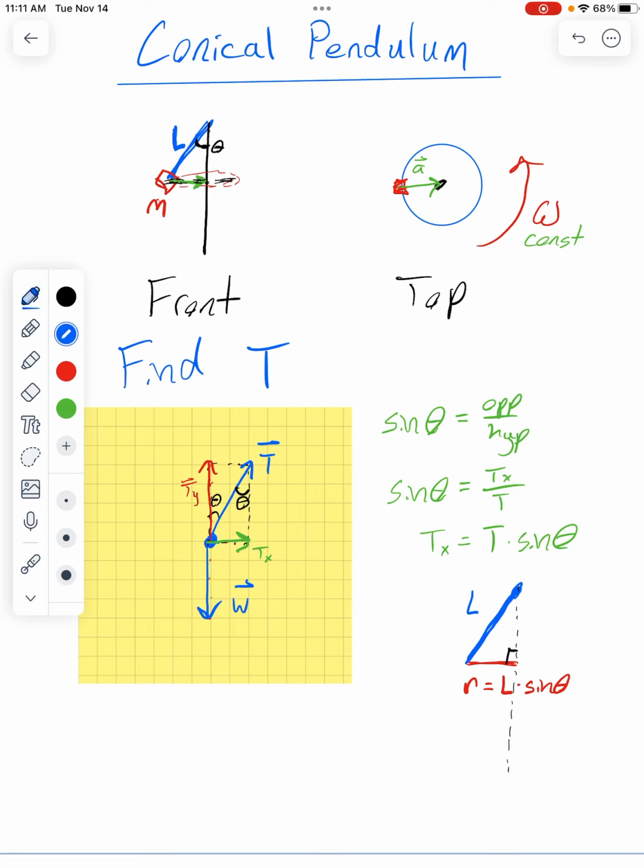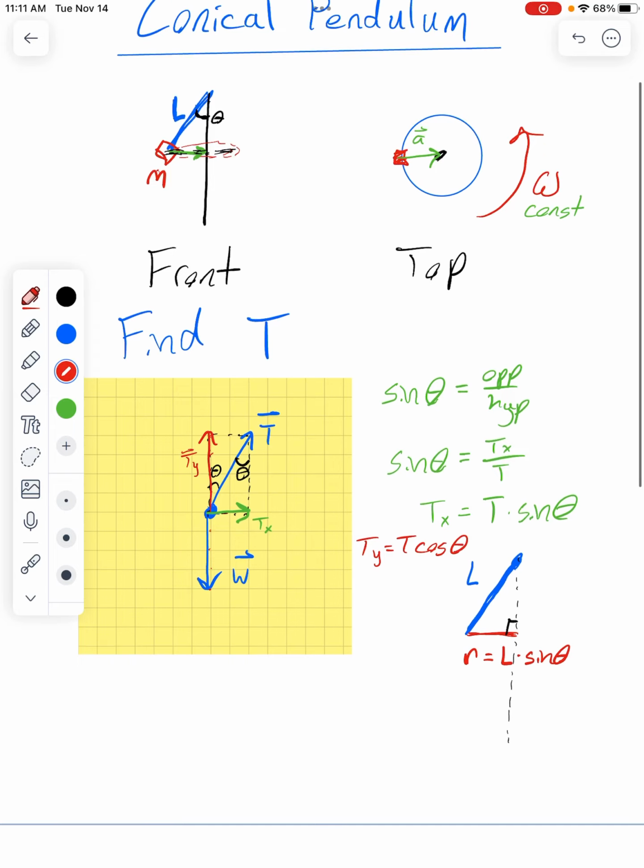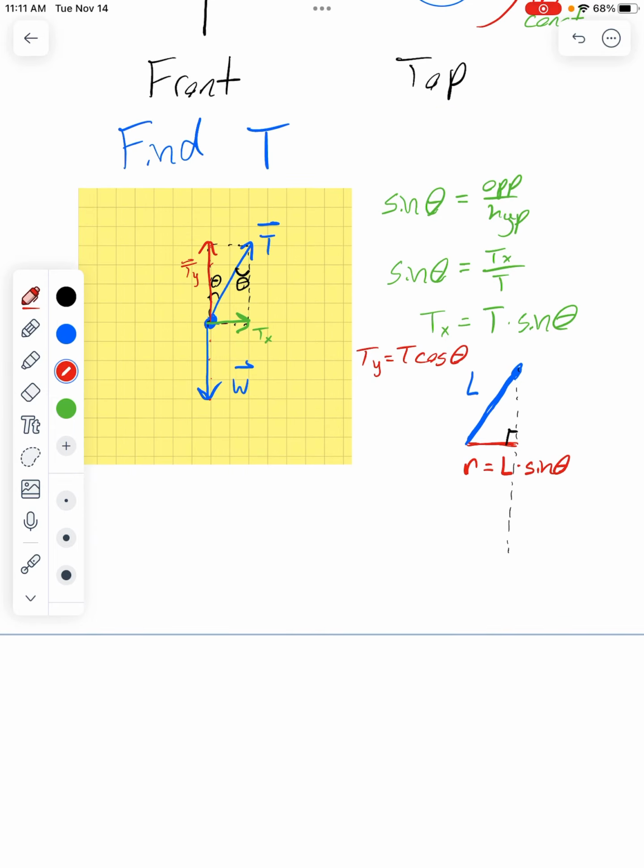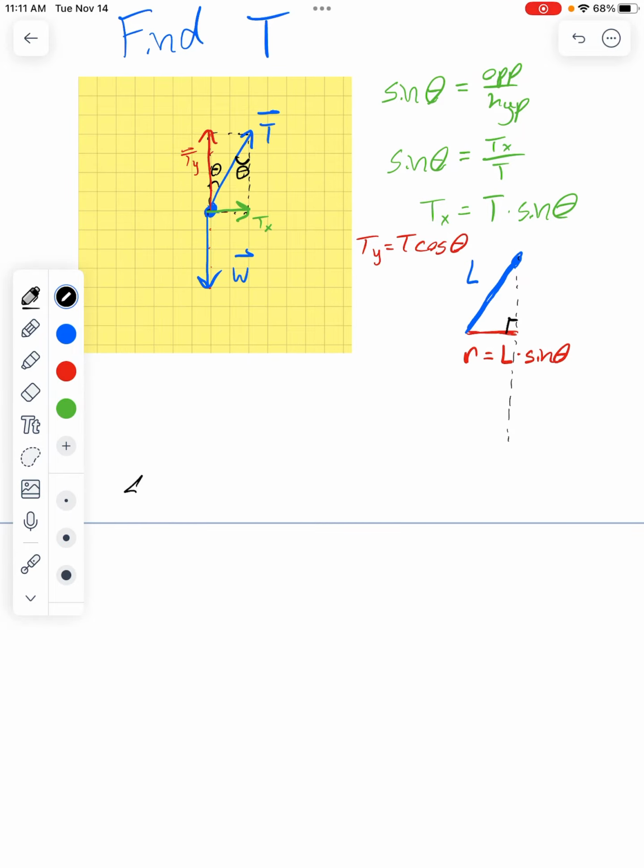I'm also going to add the y component to our tension. And of course, if the x component is sine, then the y component is going to be cosine. You can look at the geometry and get that. Okay, so we're going to write Newton's second law in the x direction and in the y direction.